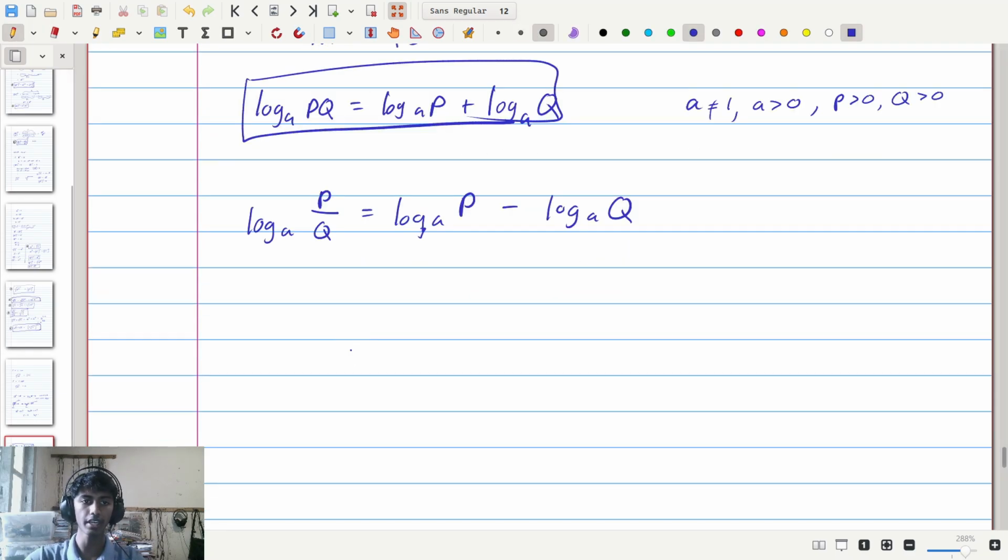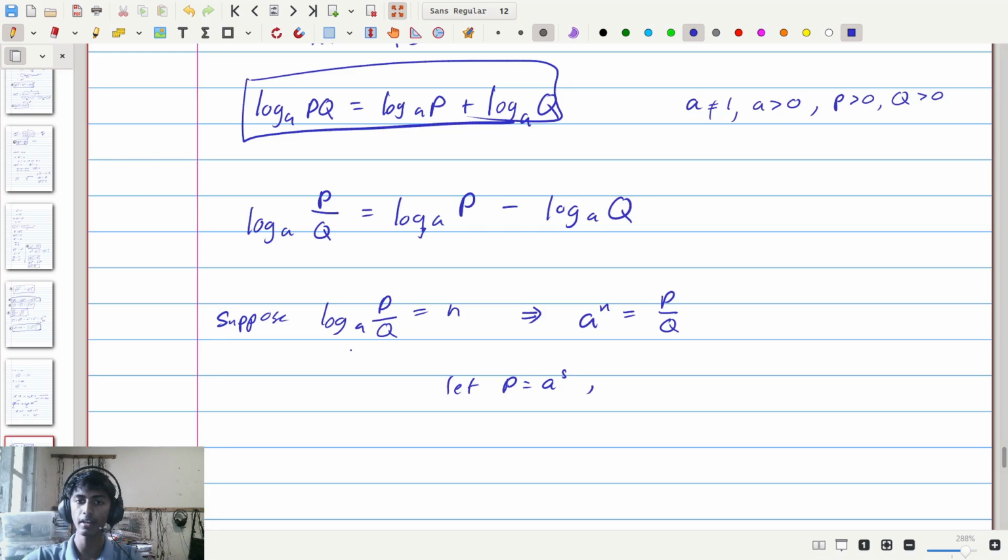So suppose again, we're going to do it again. Suppose that log base a of p divided by q is equal to n. What this means is that a to the n is equal to p divided by q. So then let p equal a to the r for some r, and q equal a to the s for some s.